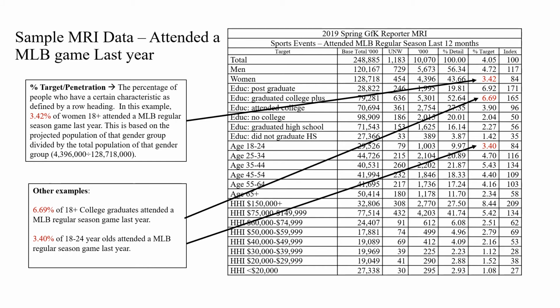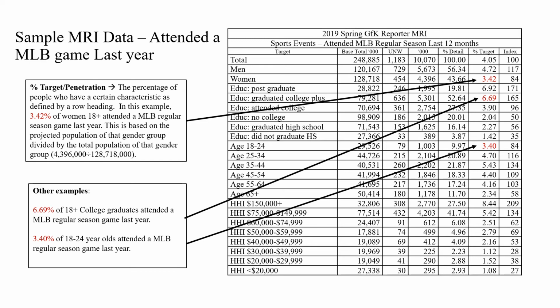Some other examples here: for instance, 6.69% of 18 plus people with a postgraduate degree or more attended a Major League Baseball game last year.